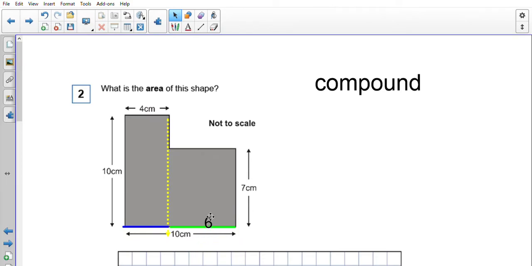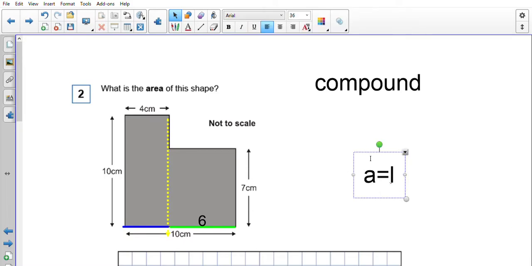Which means I can work out the area of this rectangle in here. To work out the area, I'm going to use my formula from before. Area equals length times width. I might put that as a capital L, so you see it's L times width.